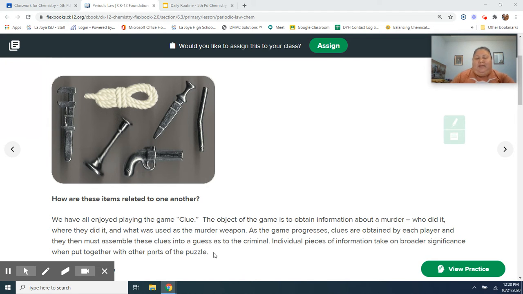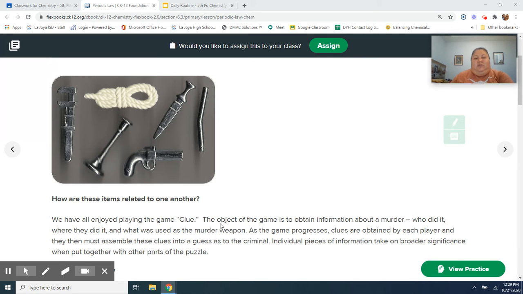Okay. But the point of why we're talking about Clue is because when Mendeleev published his periodic table, he was missing certain very important information that would lead to a better periodic table, these different clues.